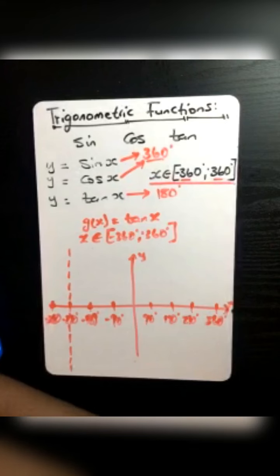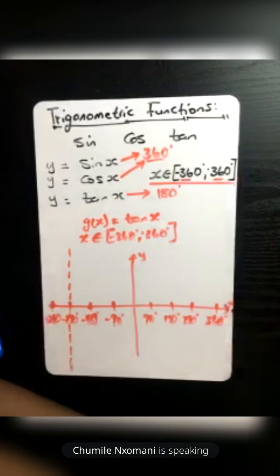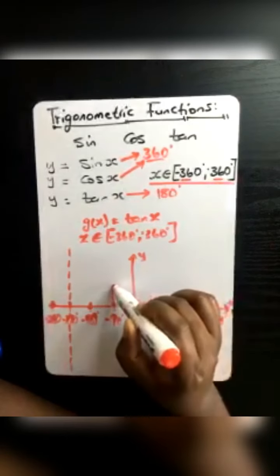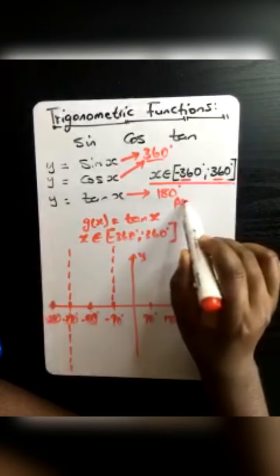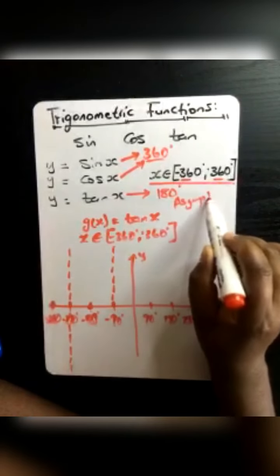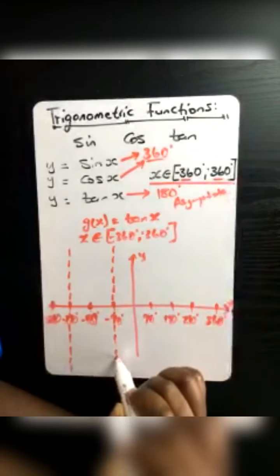Then what do we do if it's an error? You draw the dotted line. Yeah, it's called equation of asymptote. This is an asymptote. Just remember that. Asymptote. Okay, there you go.